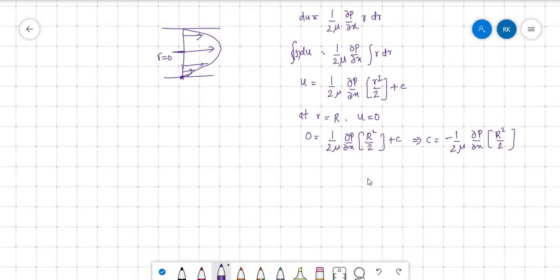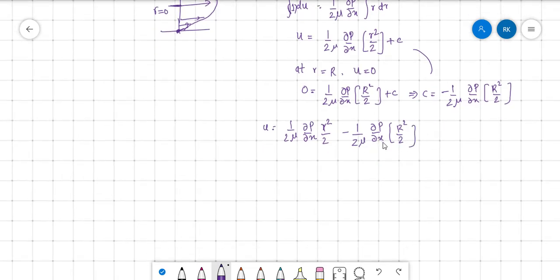So now substituting this value in this, u is equal to 1 by 2 mu dou p by dou x into small r square by 2 minus 1 by 2 mu dou p by dou x into capital R square by 2.